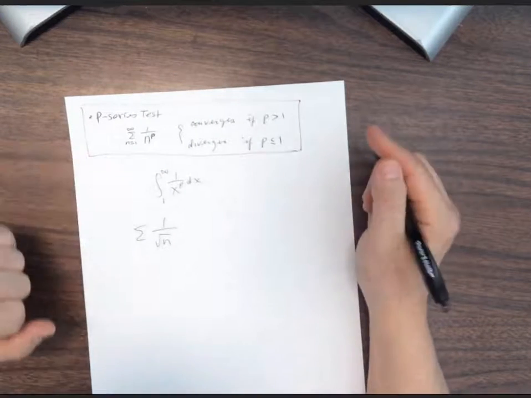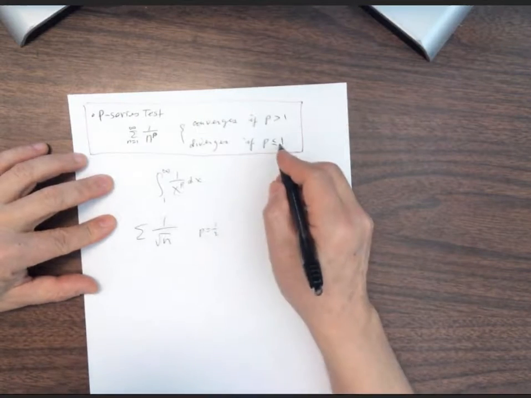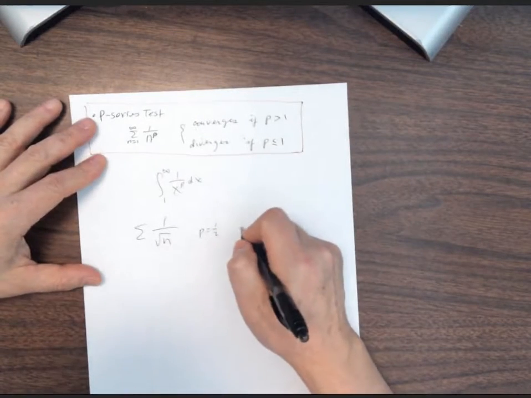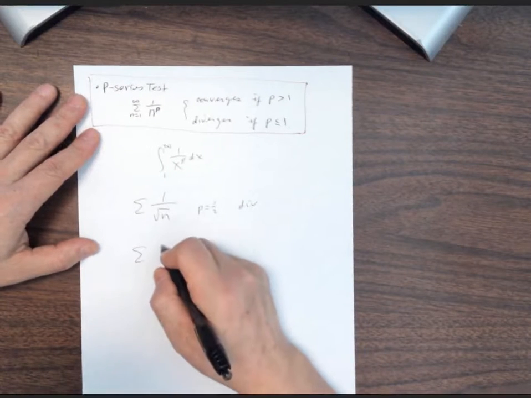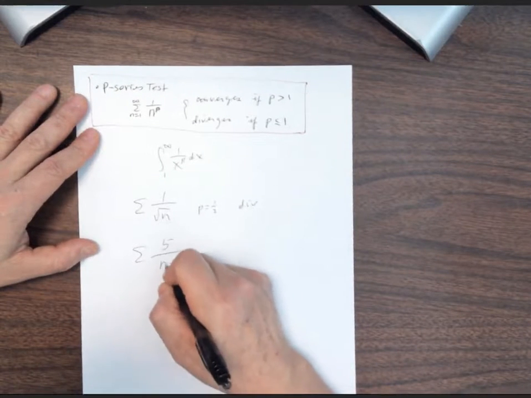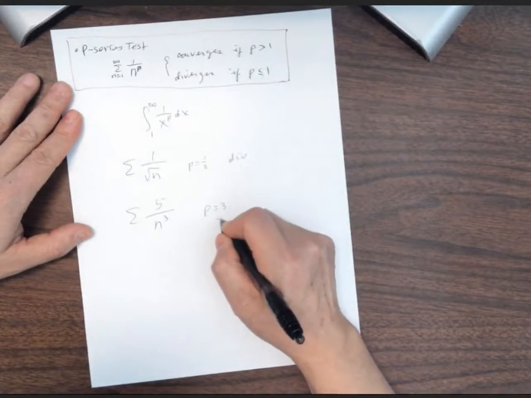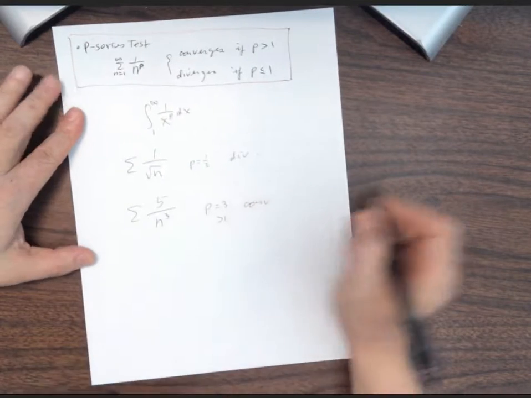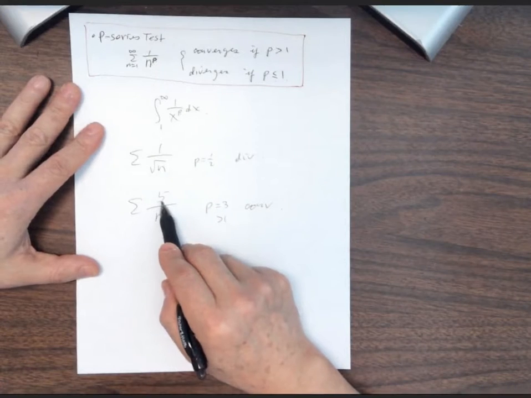Now you can tell it diverges because the power in this case is a half, less than 1. Or the sum of 5 over n to the third power. Now the power here, p equals 3, is more than 1, so it converges.